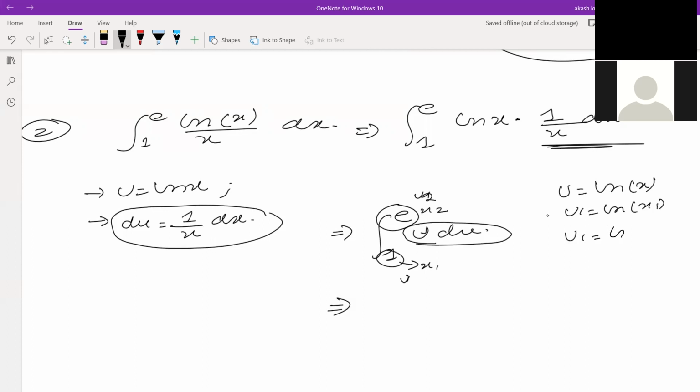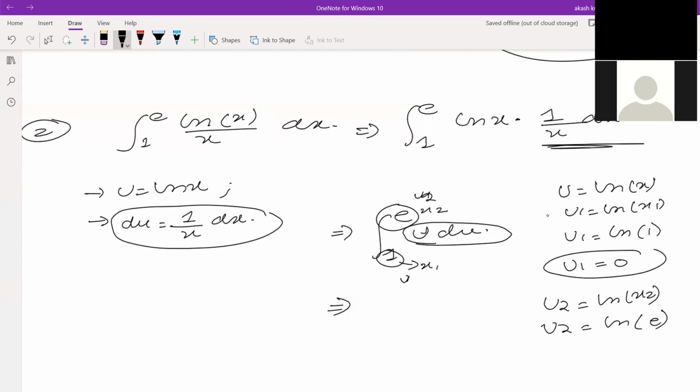So my u1 is ln 1, and ln 1 is 0. So my lower limit is 0 and my upper limit is x2, which is e, and we know ln e is 1. So I have my lower and upper limits in terms of u.